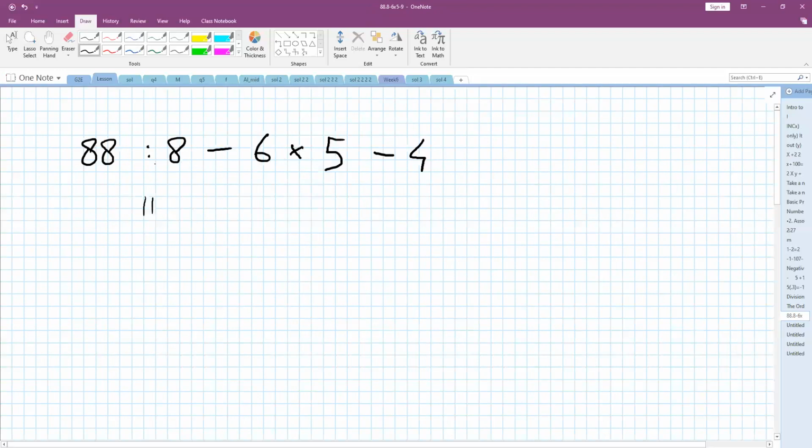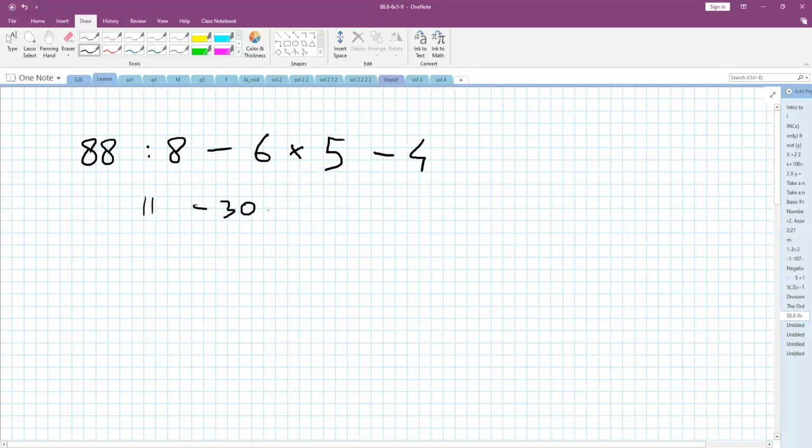So in this case, we also have another multiplication. See, this is minus 6 times 5, and that comes first. So you have to do minus 6 times 5. In this case, you have minus 30.